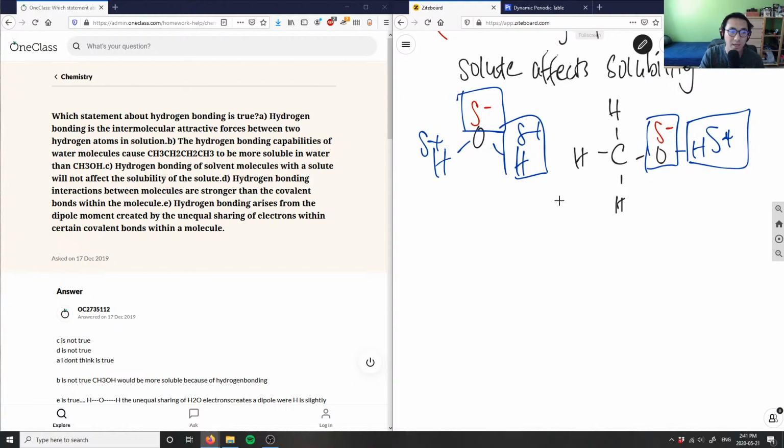D here is asking us: hydrogen bonding interactions between molecules are stronger than the covalent bonds within the molecule. So they said here it is not true, but I'm thinking of the wording. Hydrogen bonding interactions between molecules are stronger than the covalent bonds within the molecule.